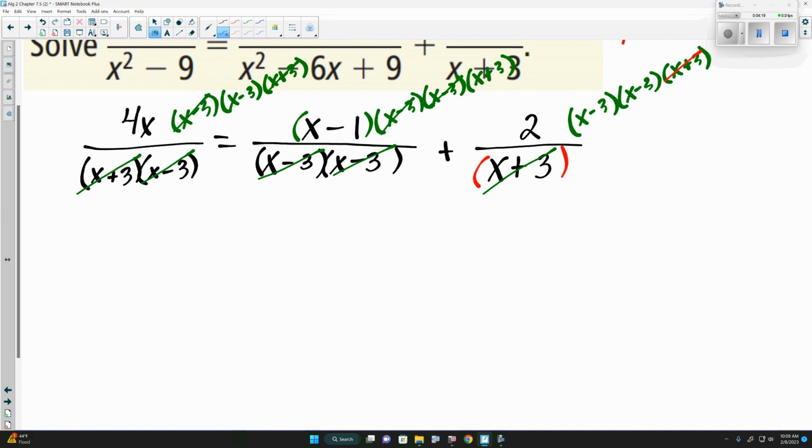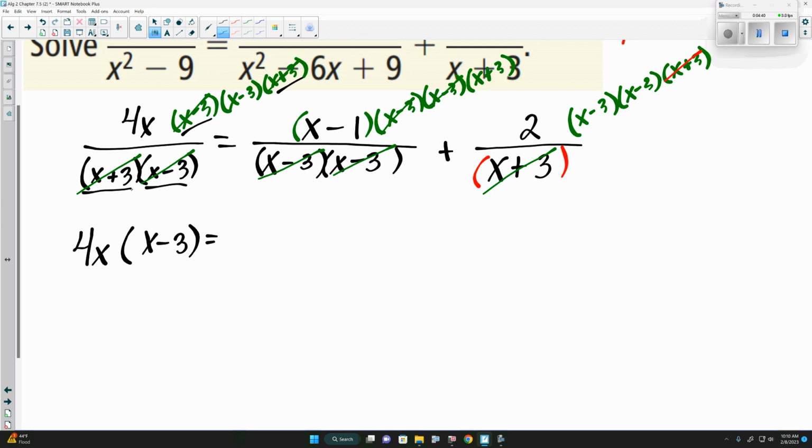Now let's see what we have left over. On the far left side, we have the 4x times x minus 3. Because one of the x minus 3s canceled and the x plus 3s canceled, all we have left to be multiplied in the numerator is the x minus 3.